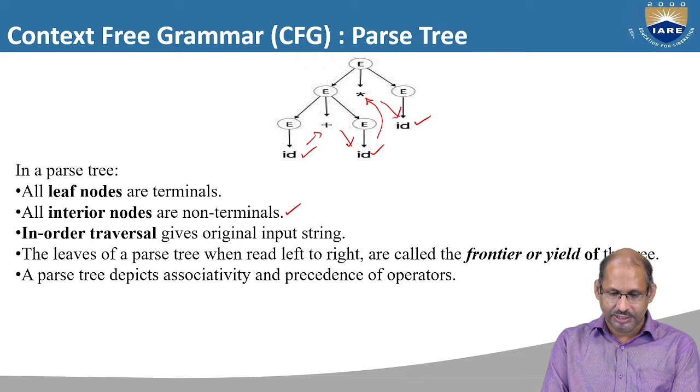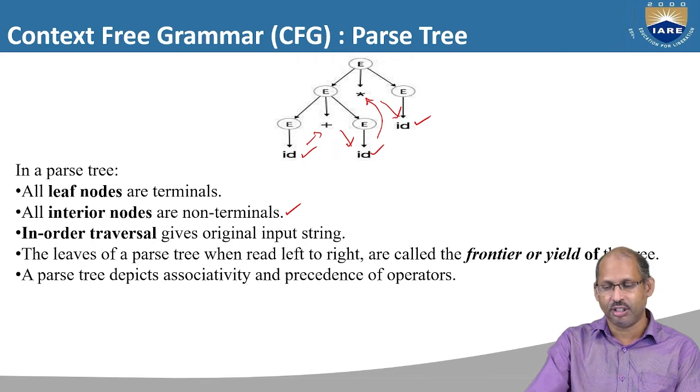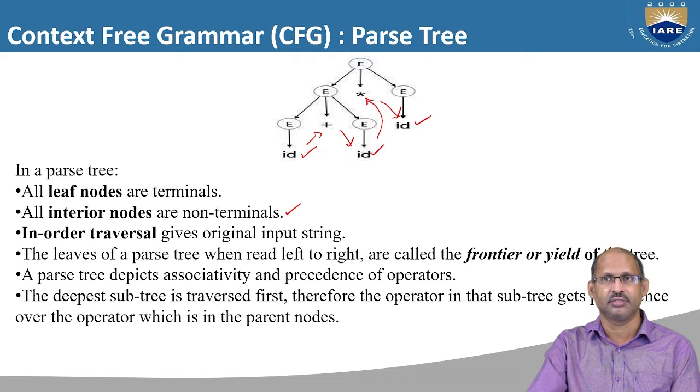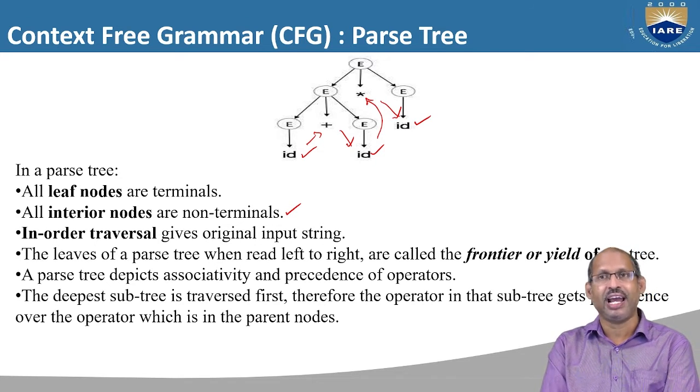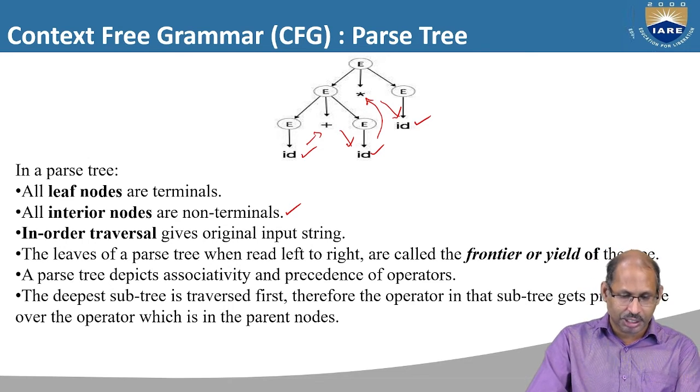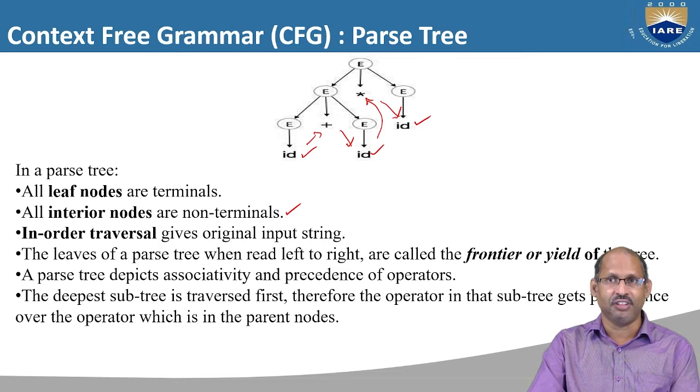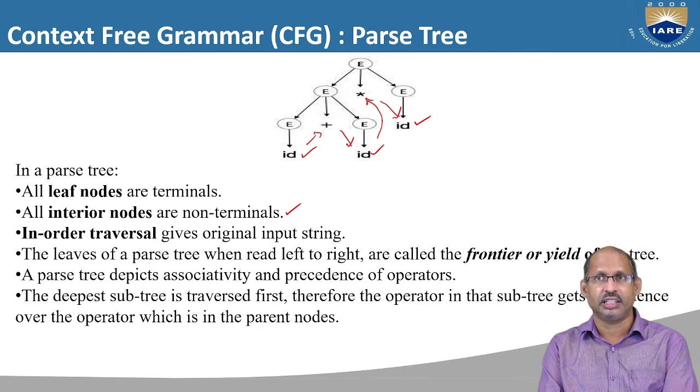A parse tree depicts associativity and also precedence of operators. The deepest subtree is traversed first, therefore the operator in the subtree gets precedence over the operator in the parent node. Is it clear?